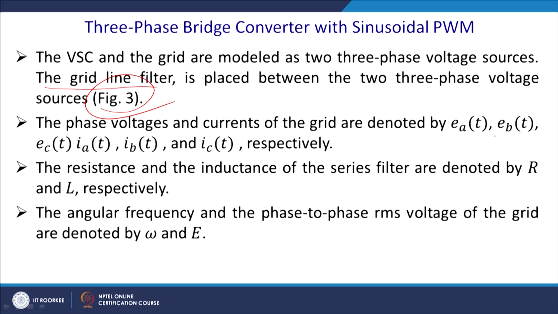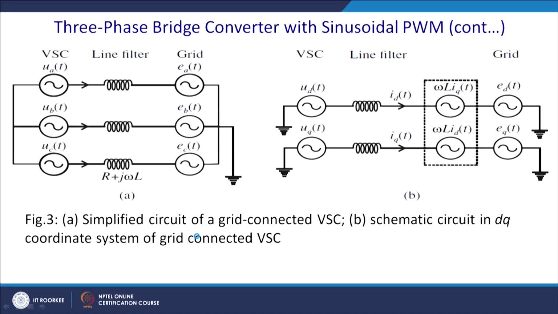The resistance and the inductance of the filters are denoted by R and L respectively. The angular frequency and the phase to phase RMS voltage of the grid are denoted by omega and E respectively. So, you can consider this as the simplified circuit for the grid connected voltage source converter, and B is essentially its DQ equivalent.